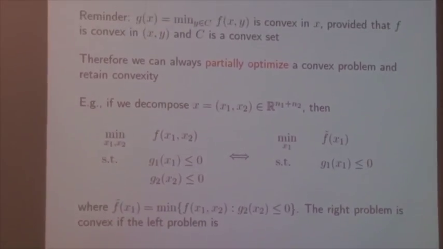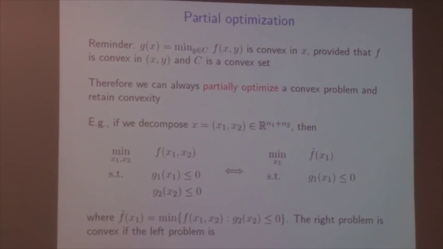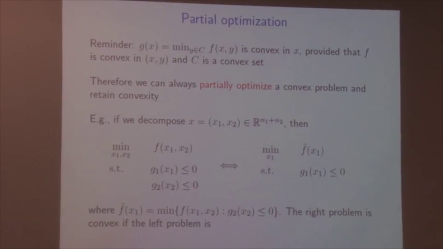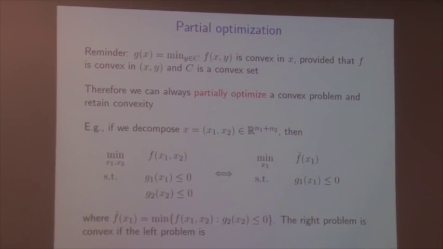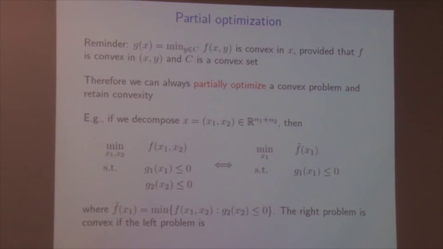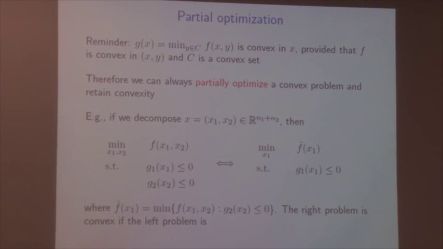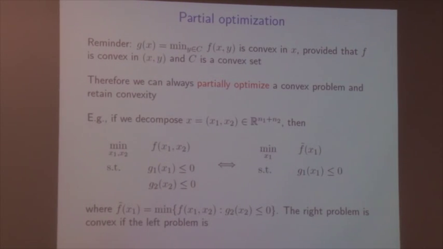So we actually talked about this last time when we talked about convex functions in general, right? We can always partially optimize a function, and it will still retain its convexity. And that can be really nice for convex problems. So if I can divide the variables that I'm minimizing over into 2 blocks, let's say, I can completely eliminate one and still have a convex problem as a result.